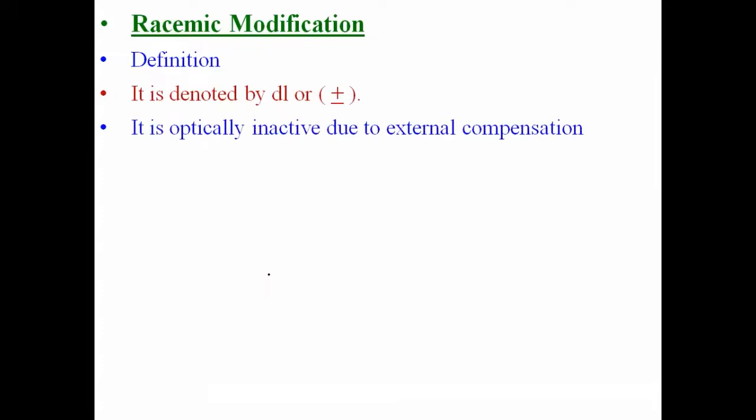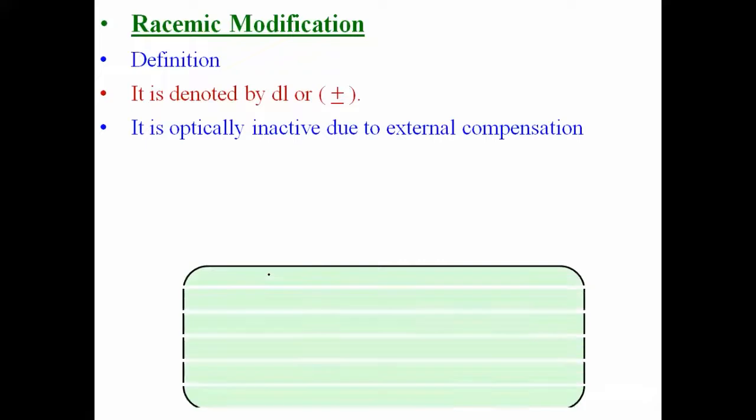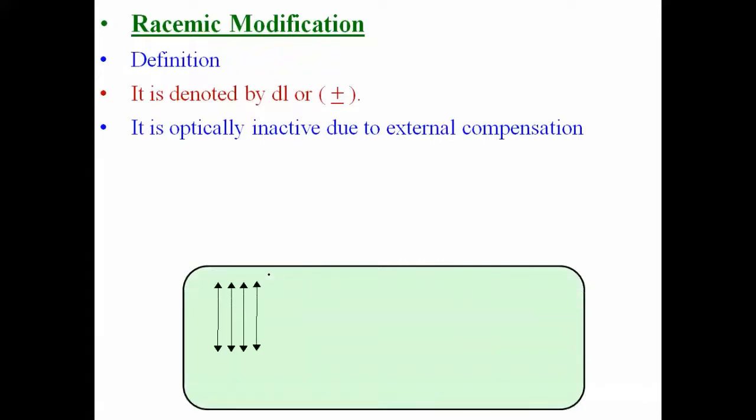It is denoted by DL or plus minus sign, and keep in mind it is optically inactive due to external compensation. ते ऑप्टिकली इनएक्टिव्ह आहे ड्यू टू एक्सटर्नल कॉम्पेन्सेशन.